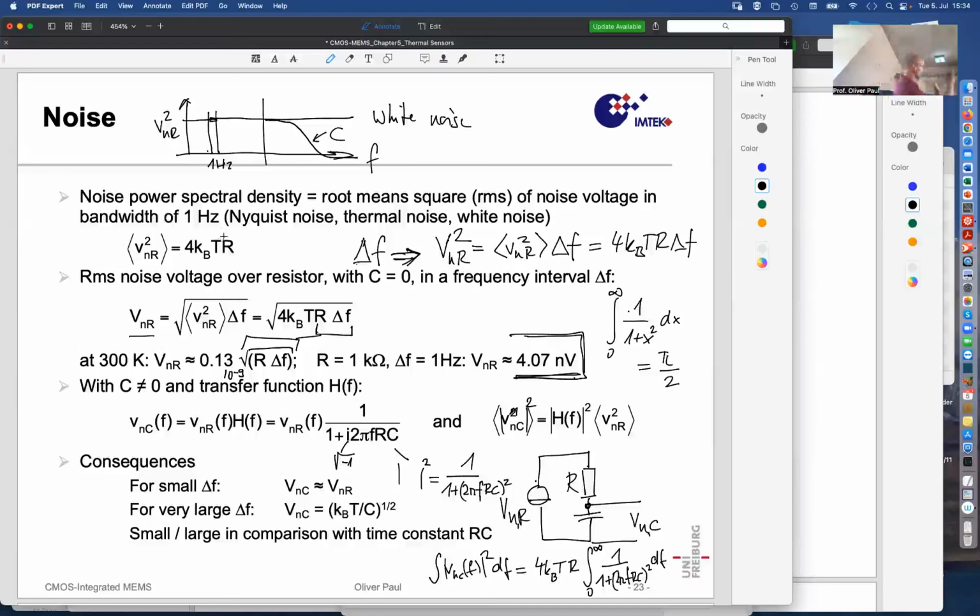But in this lower frequency range, it is constant, and that is given by these upper formulas. So the overall noise coming out of the system needs some knowledge about the capacitance and about the resistive part. And if we have only low frequency signals, then usually the capacitive thing doesn't matter at all. But it's good to know that.